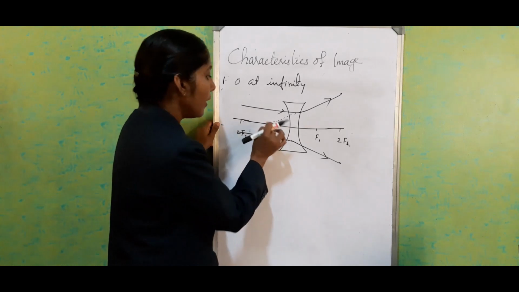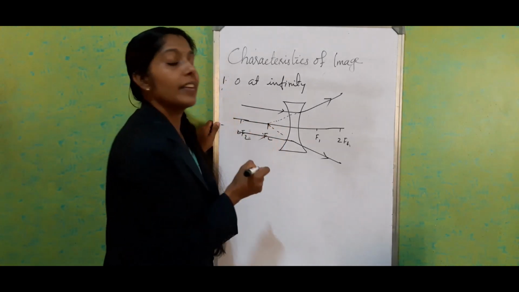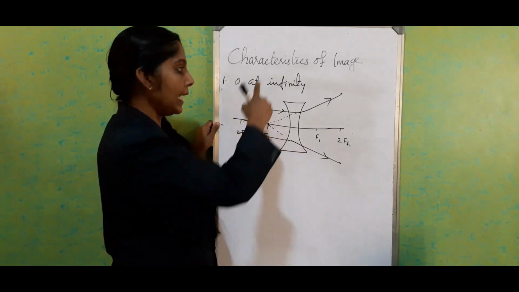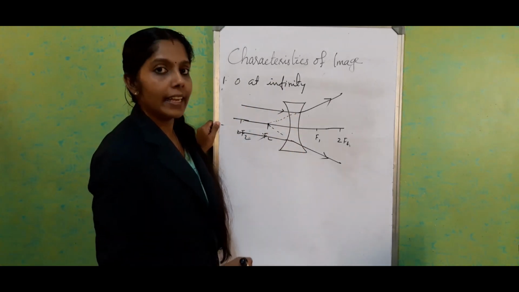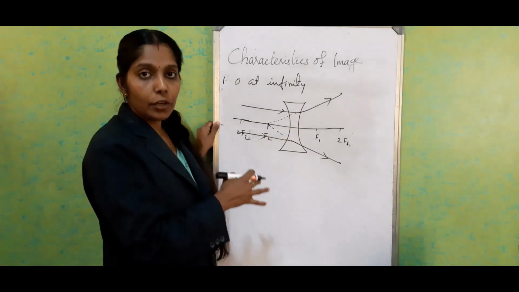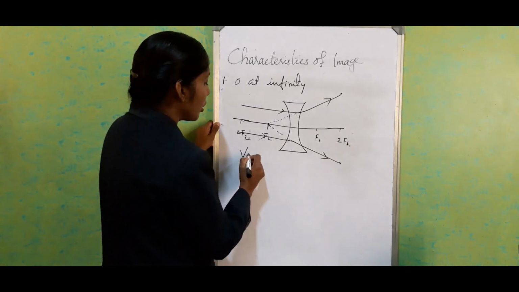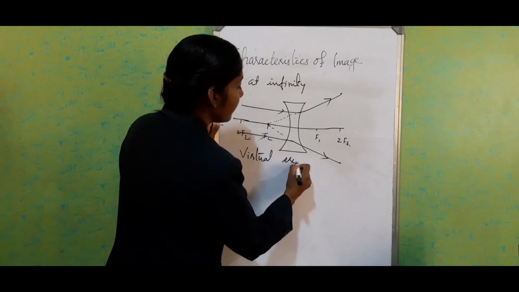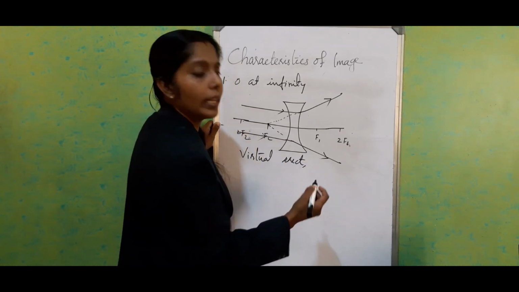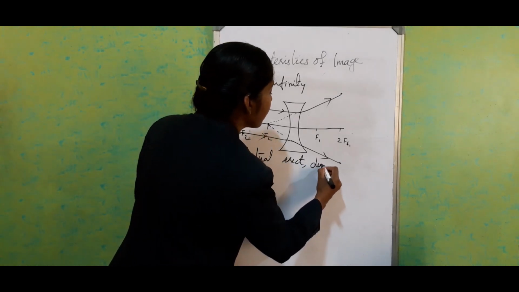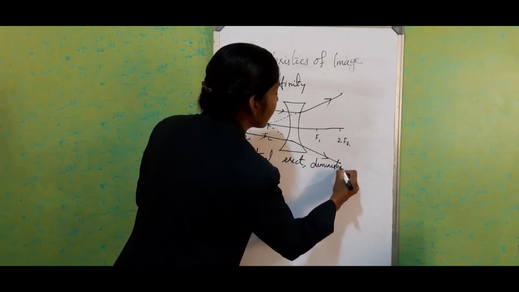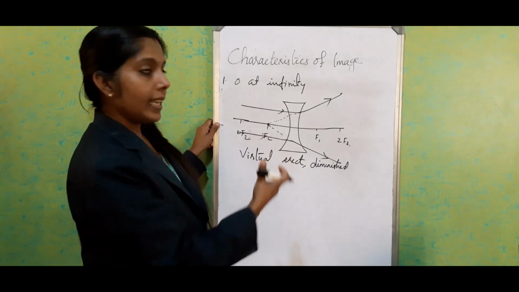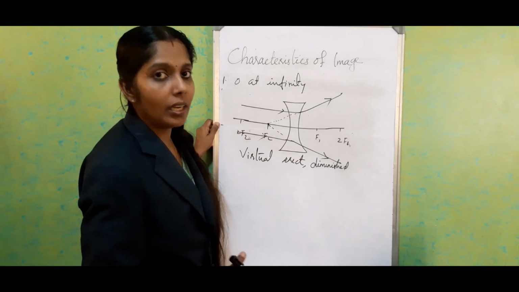So this is the point where we get the image in the case of object at infinity in a concave lens. If you see the nature of the image formed, it is virtual in nature, erect, and very small in size, or diminished image.